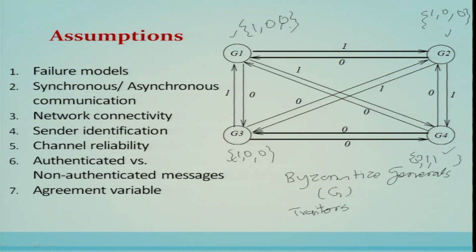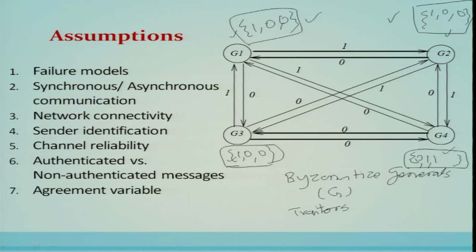Now can you just see that if the messages they receive are coded in some form, it is very difficult to take this particular decision. Why? Because here it is 100, here it is 100. You can see that G1, G2 and G3 have reached the same values, but G4 has a different value.